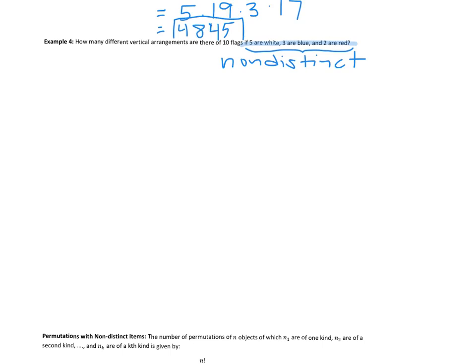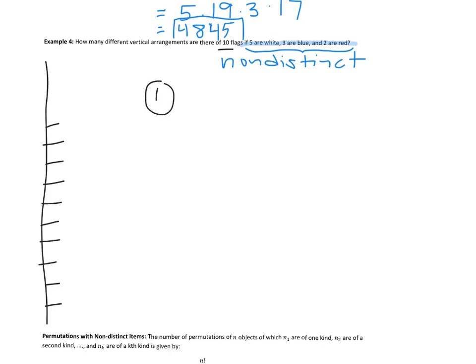So let's go through this. We'll do our vertical arrangement of flags. So let's draw a vertical flagpole. 5 plus 3 plus 2 is 10, so we're going to be arranging 10 flags. Right there, 1, 2, 3, 4, 5, 6, 7, 8, 9, 10. And our first step is to choose the positions for the 5 white flags.